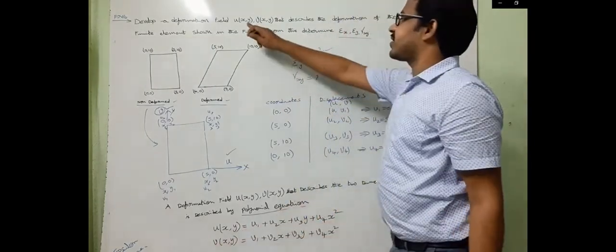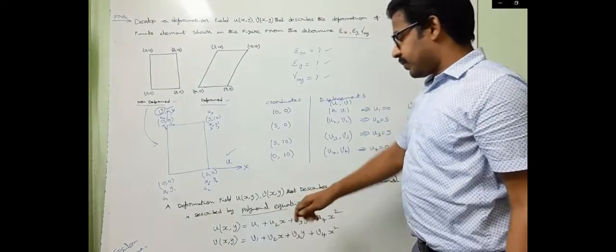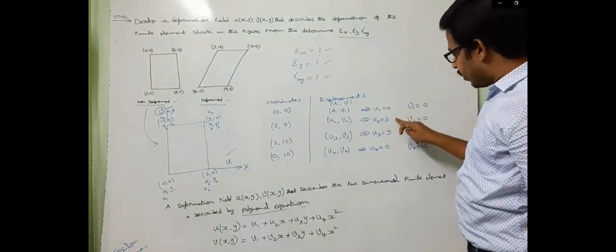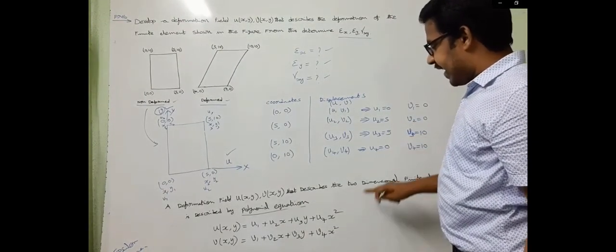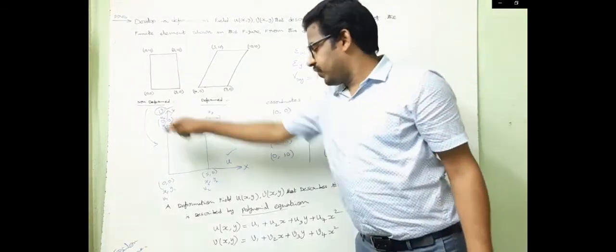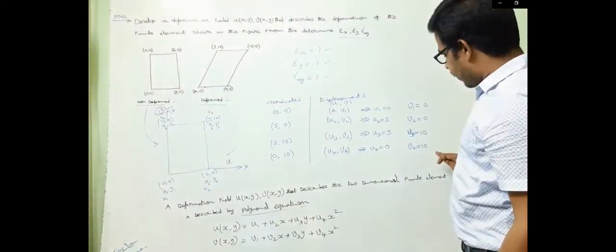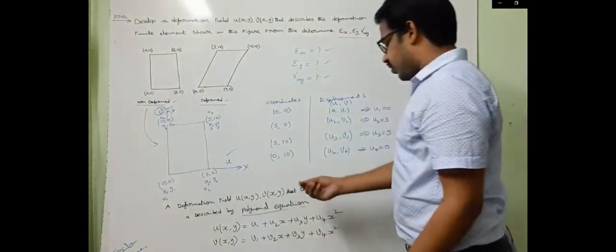So the deformation field u of x comma y is u1 plus u2x plus u3y plus u4 x square, and similarly the vertical displacement v of x comma y equals v1 plus v2x plus v3y plus v4 x square.